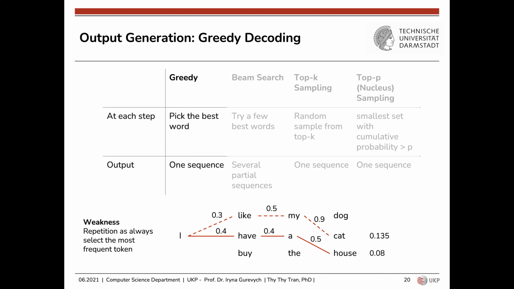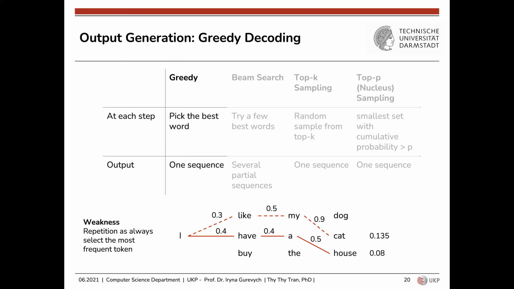For example, here, at the first step, greedy decoding will select the highest probability token. Following that, it will lead to the sequence I have a house. The overall probability of this sequence is 0.08.